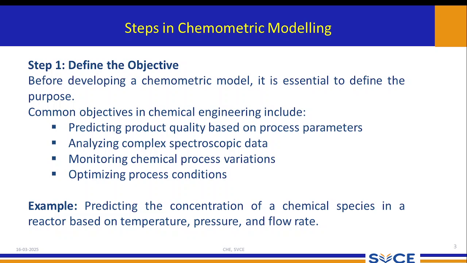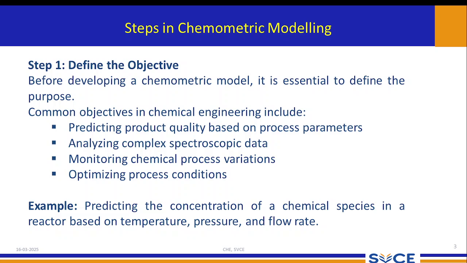So, objective. Before developing a chemometric model, it is essential to define the purpose: what are we building this model for? Common objectives in chemical engineering include, first, predicting product quality based on process parameters, and analyzing complex spectroscopic data. After we obtain the data from instrumental analysis using sophisticated instruments, how do we analyze it?